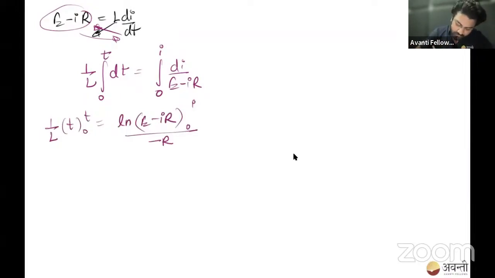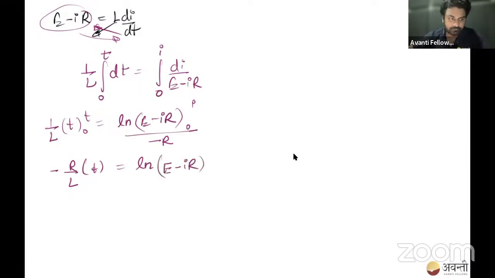If I bring this R to this side, it will be minus R upon L times t is equal to ln E minus IR, with limits from 0 to I.